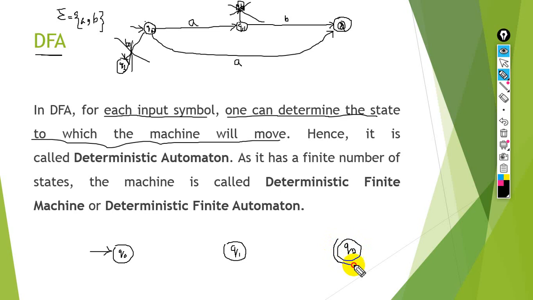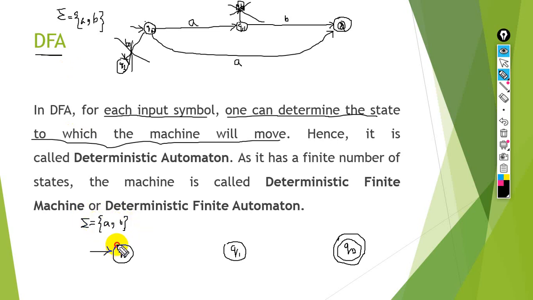Same as in the NFA, we have an initial state and a final state, also in the DFA. For example, this is the initial state and this is the final state. For example, we have the alphabet A, B letters. So this alphabet has letter A and letter B, and I want to make a DFA diagram from these letters.